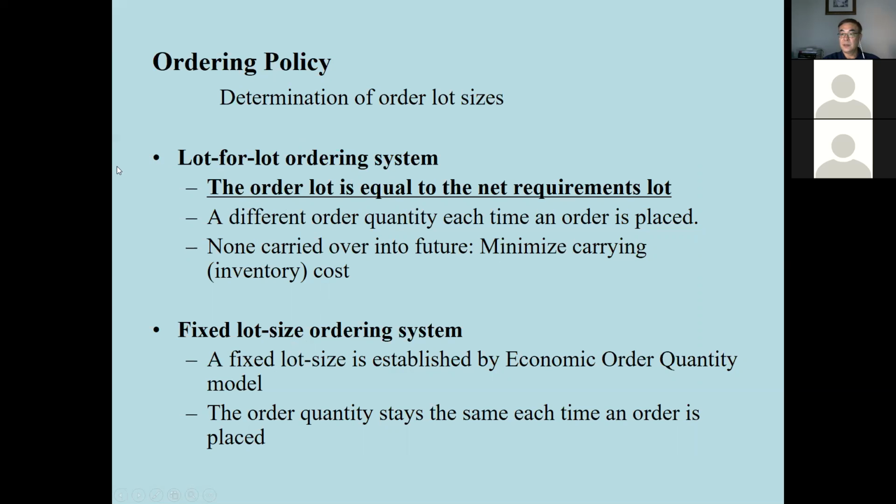Lot for lot, if the company uses this method or policy for the inventory ordering system, then the ordering quantity will be different when they place an order, because if the required order is like 1,000, and currently the company has an inventory on hand of 500, then 1,000 minus 500 equals 500.